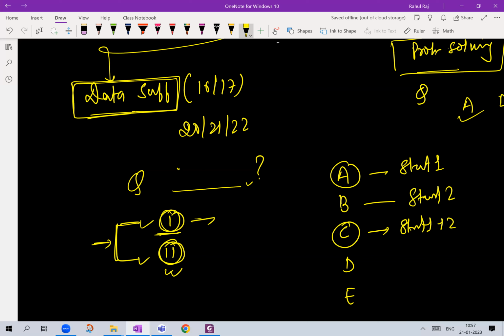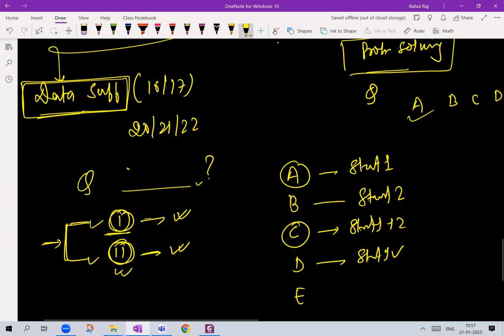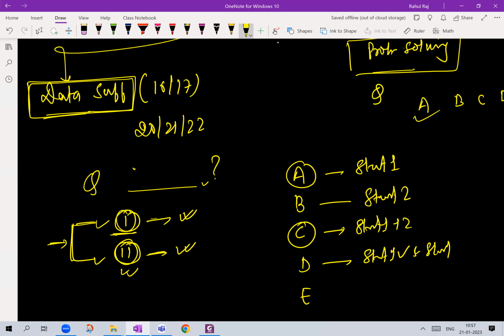Sometimes it happens, guys, that statement number 1 alone is sufficient and statement number 2 alone is sufficient. In that case, you will mark D as the answer. Statement 1 alone is sufficient, and statement 2 alone is sufficient. And a lot of the time, the question cannot be solved even with the help of these 2 statements. In that case, you will mark answer E, none of these.